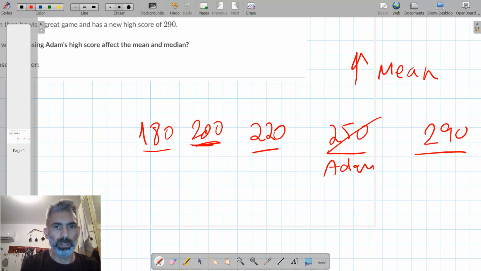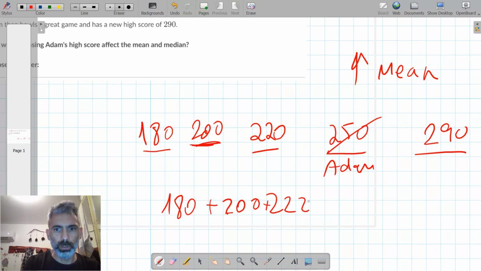Just to plug in some number here, let's say that the third friend had a high score of 200. So if we take into consideration the first high score of Adam, which is 250, then we have 180 plus 200 plus 220 plus 250 divided by 4.